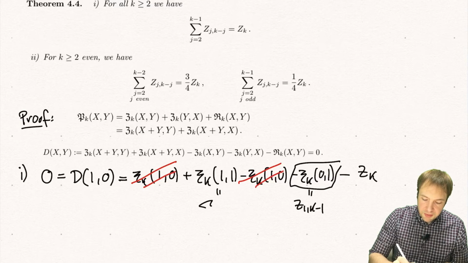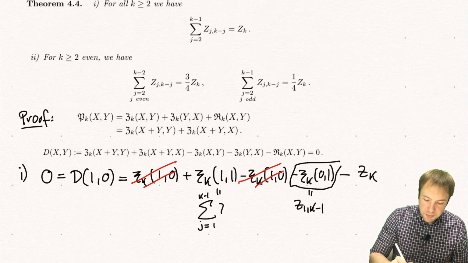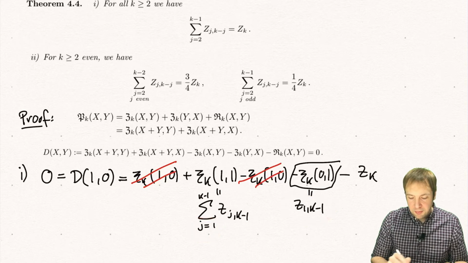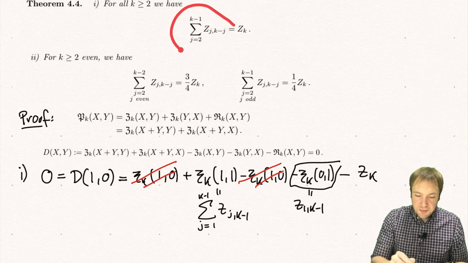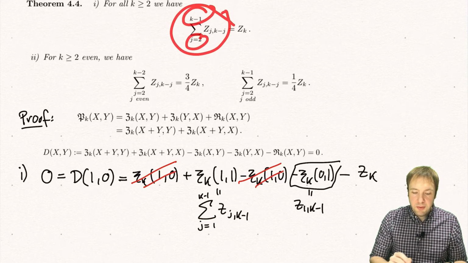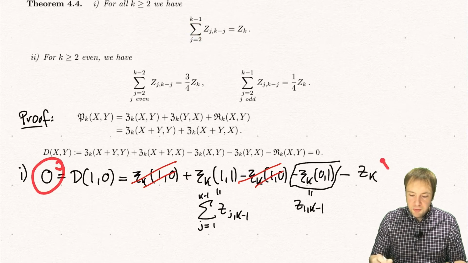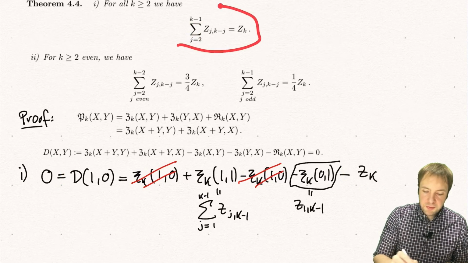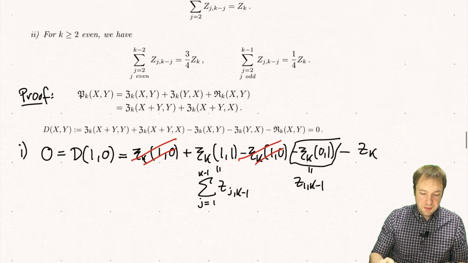So here this is the sum over all j from 1 to k minus 1 of z j k minus j, but we subtract the part where j equals 1, and therefore we just take the sum from 2 to k minus 1, and because this is 0, we get that this equals zk. So this gives a simple proof of this sum formula here.